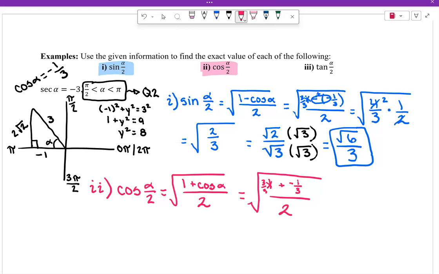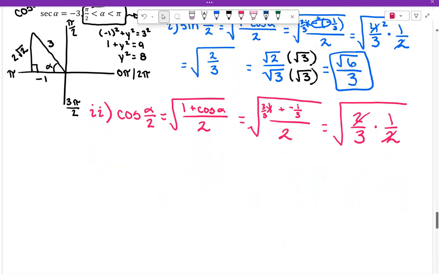Again, we're going to change that to 3/3. So 3 plus negative 1 is a 2. So we're going to have 2/3, changing our dividing by 2 to a half. And 2's cancel. So we get square root of 1/3.